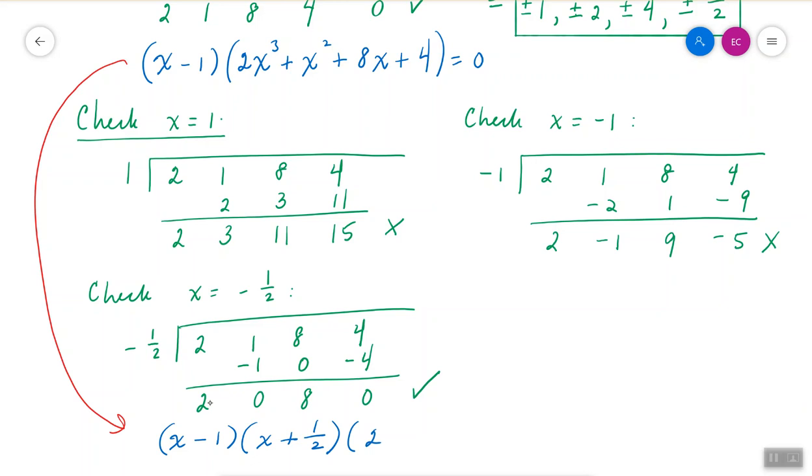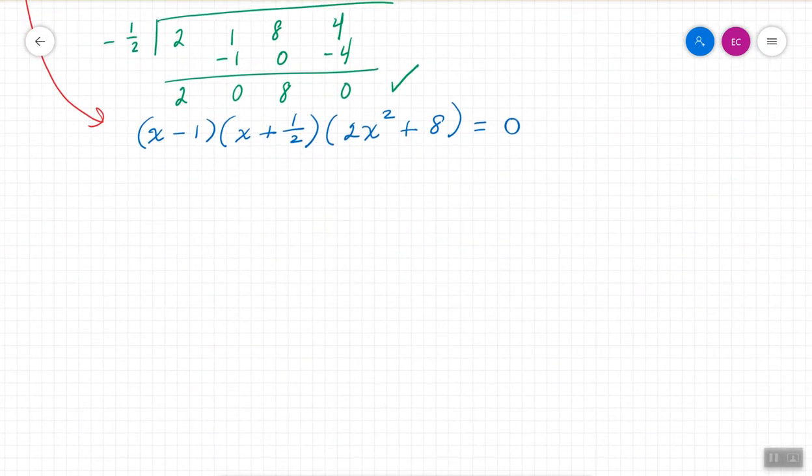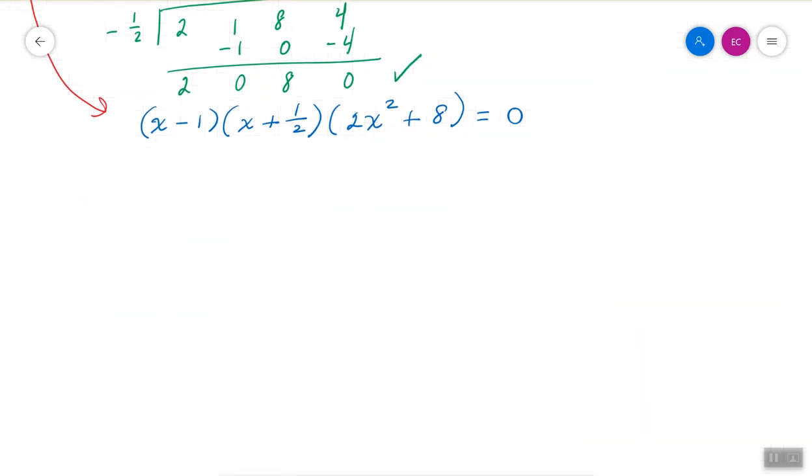So this 2 is a coefficient on x squared plus 0x, I won't write that, plus 8 is equal to 0. Okay, and now this looks real good. These are equations, these are factors that we can solve. 2 linear factors to start, and then a quadratic, we can solve that.